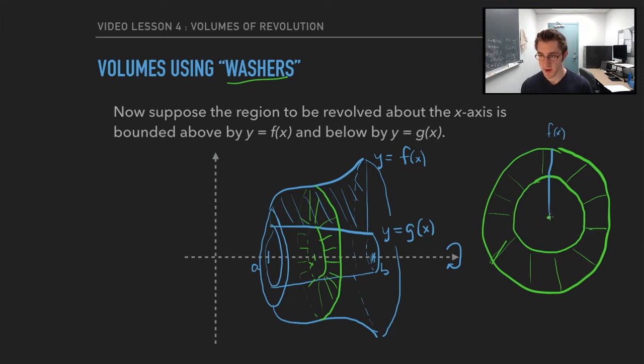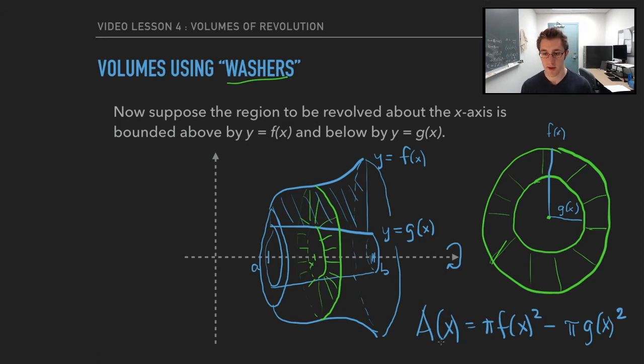And the inner radius is this distance, and this is g of x. So how do I calculate the area of this two-dimensional object? I take the area of the larger disk, A of x, which is pi times f of x squared, and I subtract the area of the smaller disk, pi times g of x squared.